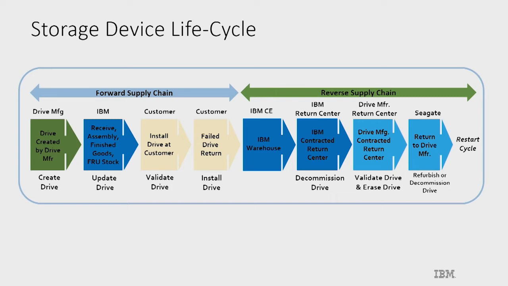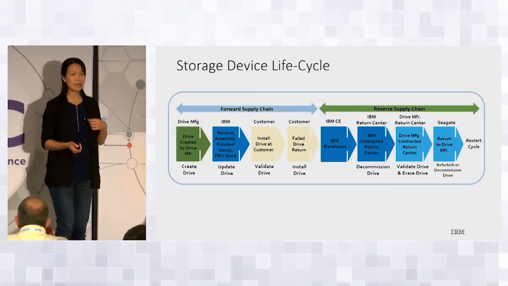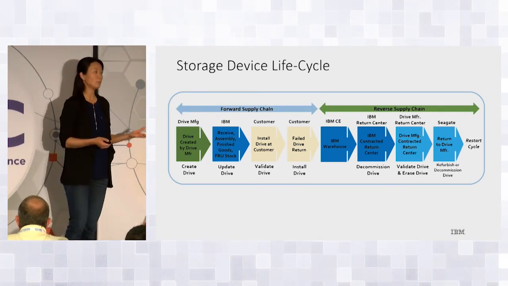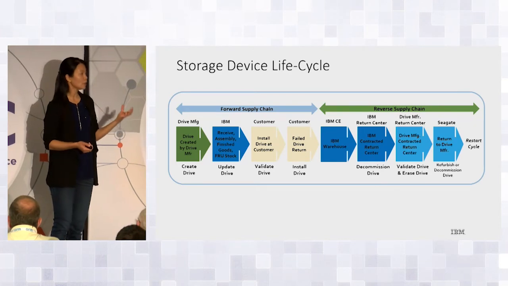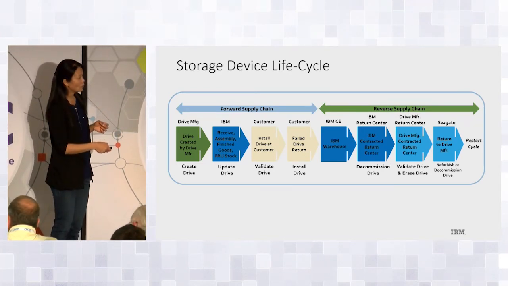The reverse supply chain is when a customer calls up IBM, like the CE, our customer engineer, and says, we have a defective drive, can you come and replace it for me? So they will go out to the field with a new replacement drive in hand, replace it, and take the drive back. That drive then starts to enter our reverse supply chain.